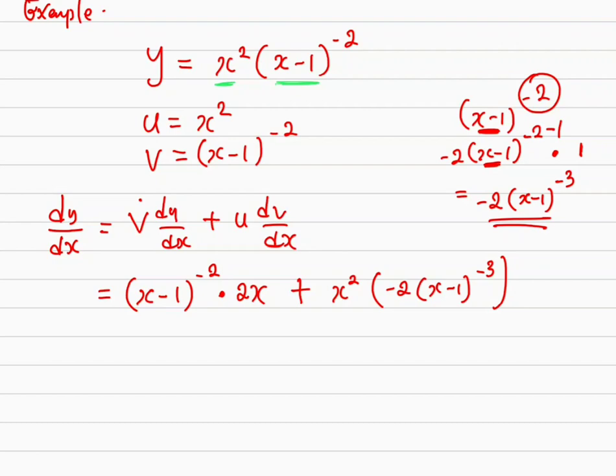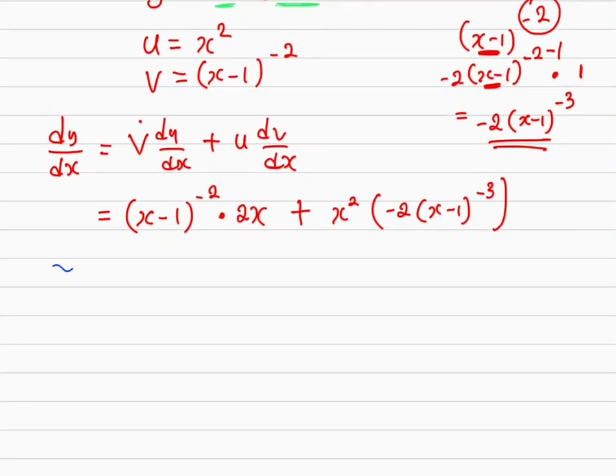The next set of things we are going to do is just simplification. So we continue. dy by dx will be equal to 2x, and recalling indices, this is going to be 1 over (x minus 1) squared.